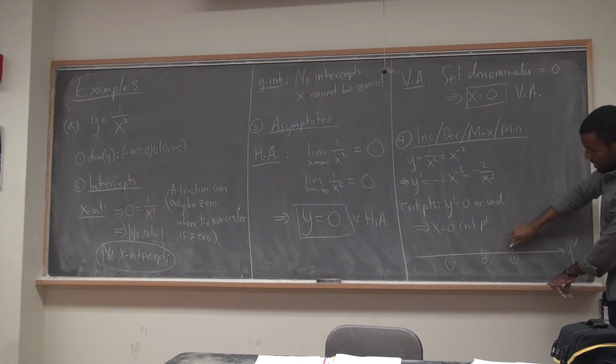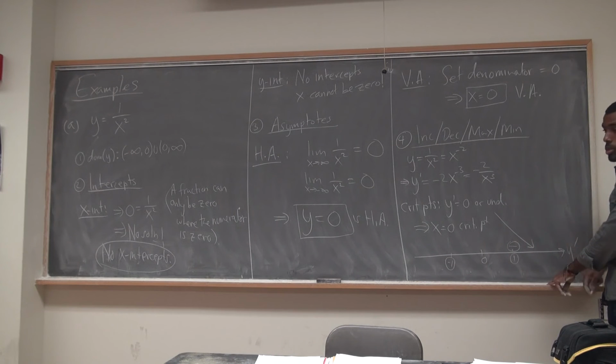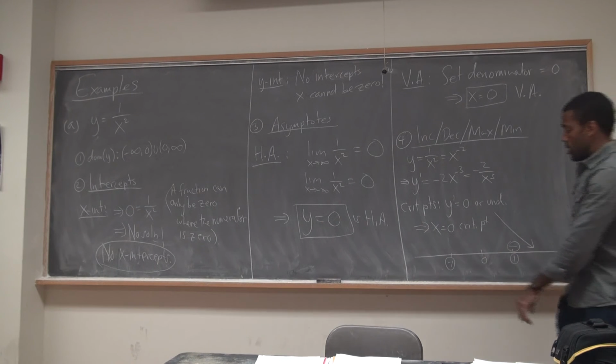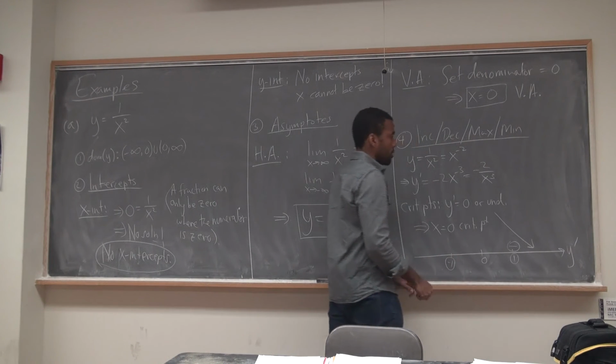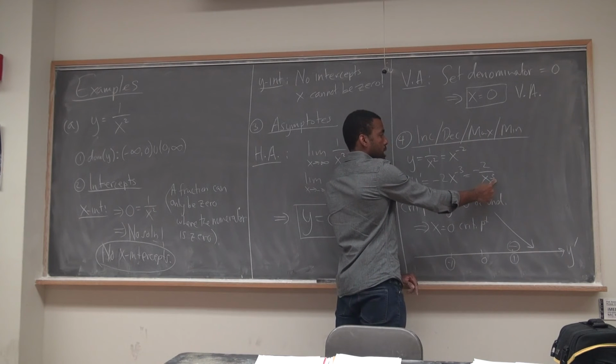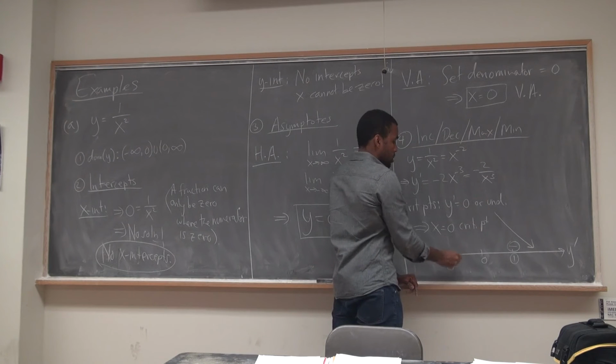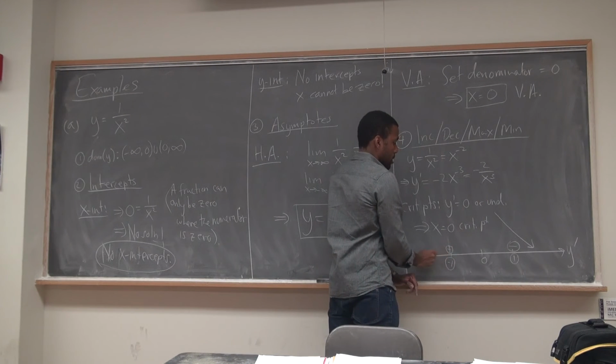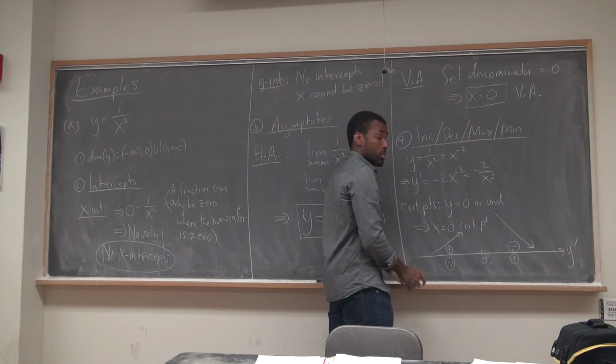So that's a negative, which means decreasing. So I know I'm decreasing here. If I plug in a negative 1, negative 1 cubed is negative 1, negative divided by negative is positive. That would give me a positive number. So I know on this side I'm increasing.